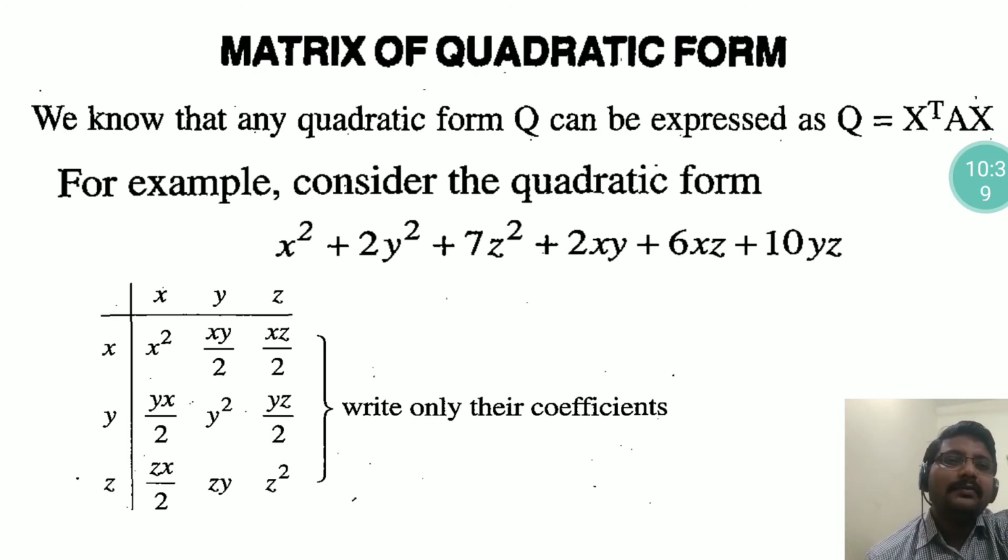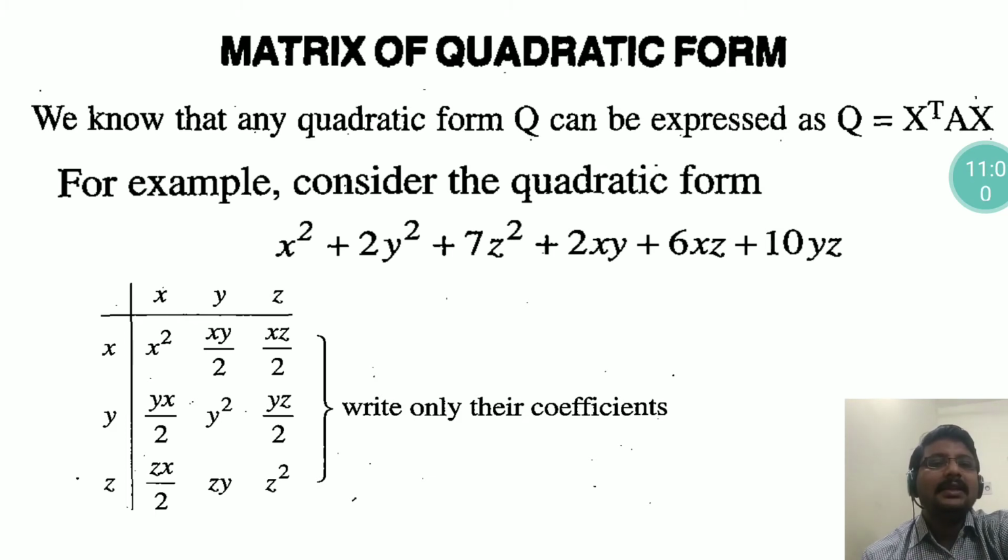Now, matrix of a quadratic form. We know that any quadratic form Q can be expressed as Q equal to X transpose AX. For example, consider the quadratic form x square plus 2y square plus 7z square plus 2xy plus 6xz plus 10yz.